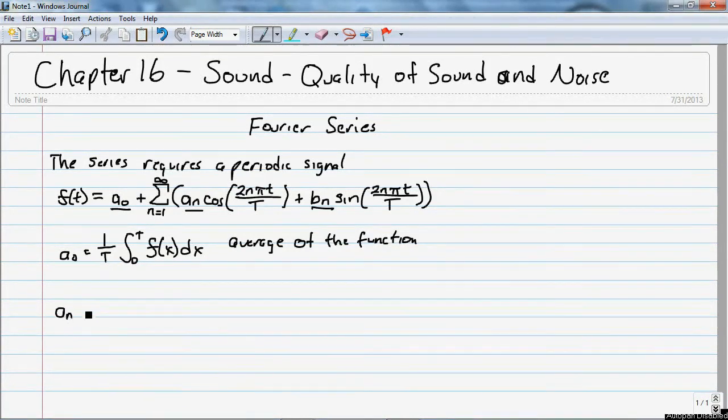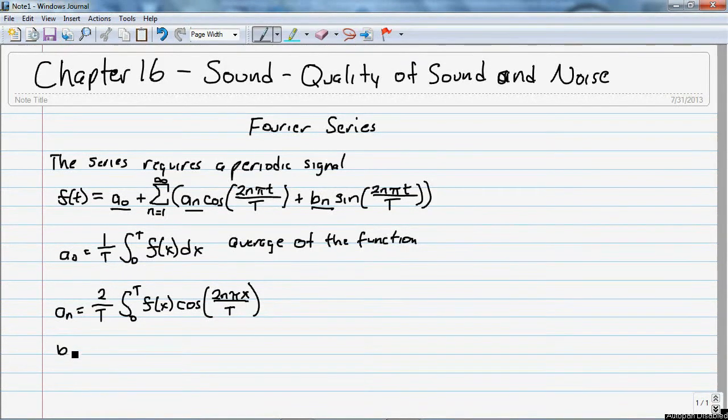a sub n is equal to 2 over the period times the integral from 0 to T of f of x times the cosine of 2n pi x over T. I should use x because we're doing the Fourier series in terms of x here.